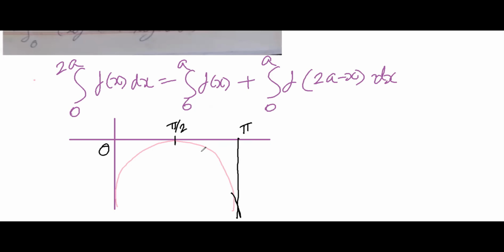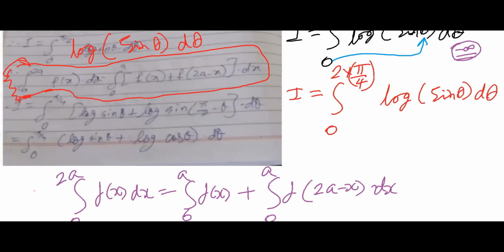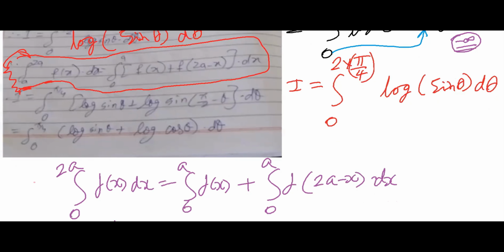So you can see, when it is pi by 2, I am getting 0, and when it is 0, I am getting minus infinity. From the graph I came to know like this, and without the graph I came to know like this.